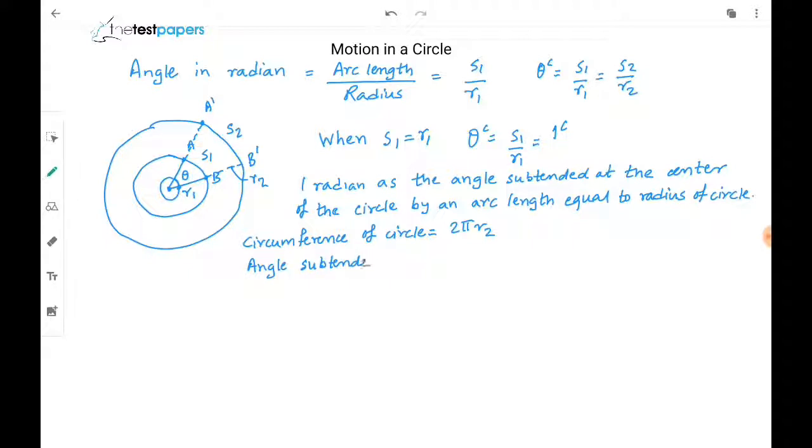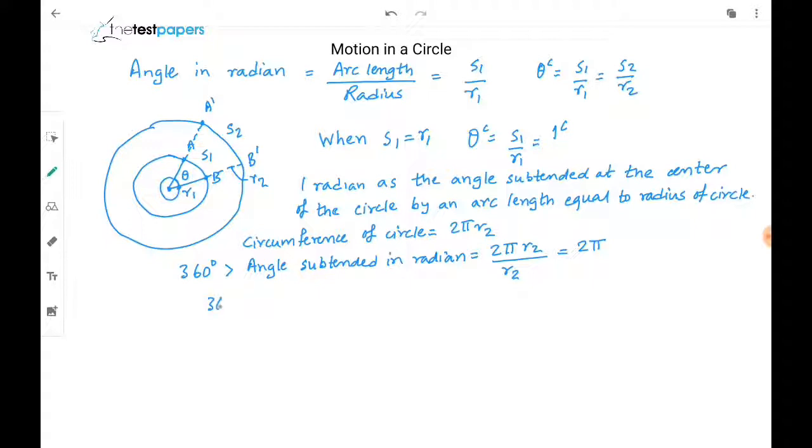So your arc length is 2 pi R2, and your angle subtended in radian for 360 degrees is equal to arc length, which is 2 pi R2, divided by the radius of the circle, which is R2, so that's 2 pi. So 360 degrees, the angle subtended in radian for the entire circle, is equal to 2 pi.